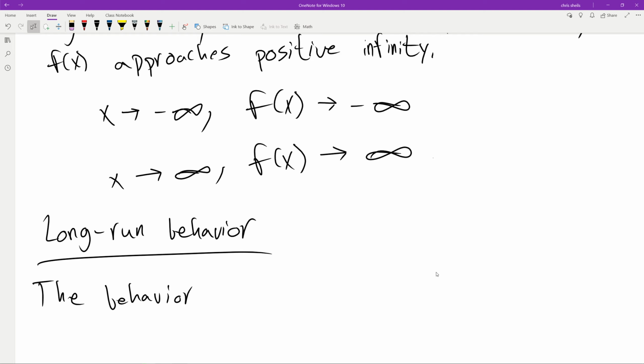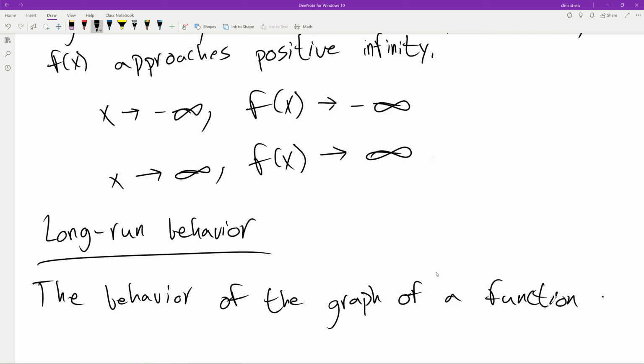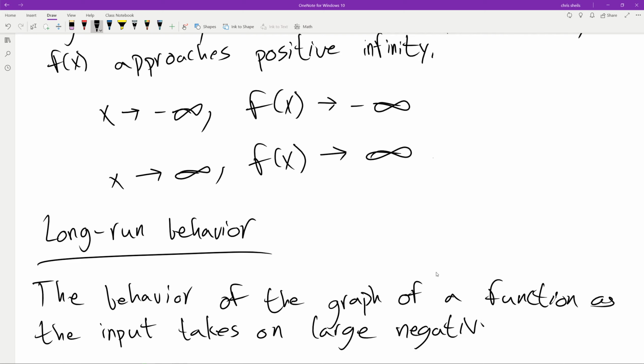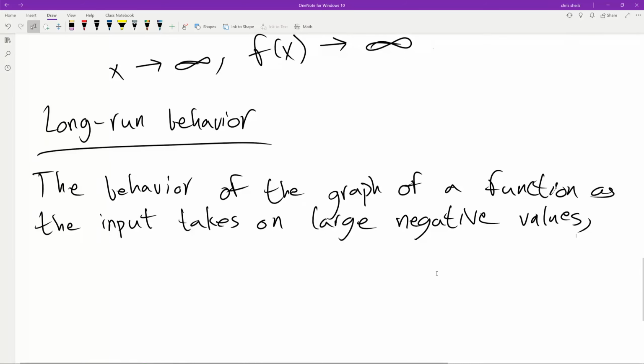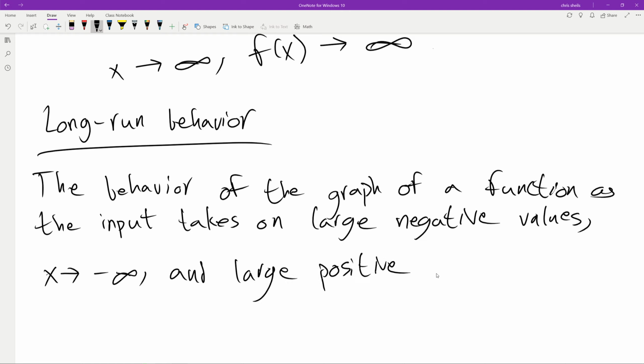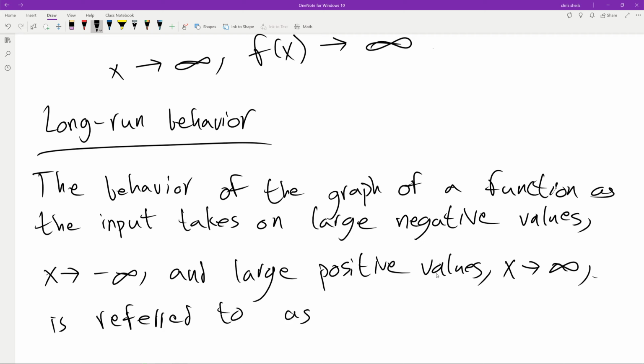The behavior of the graph of a function as the input takes on large negative values, that is, as x approaches negative infinity, and large positive values, that is, x approaches positive infinity, is referred to as the long run behavior of the function.